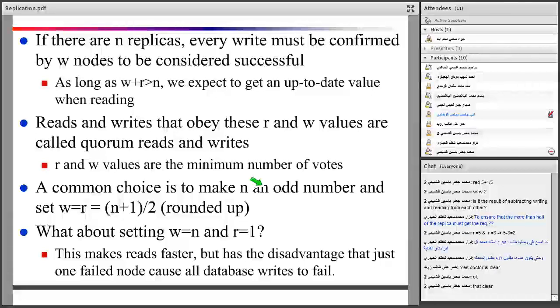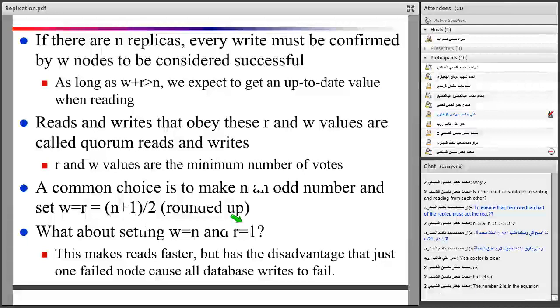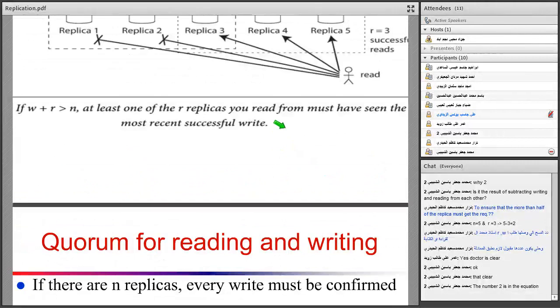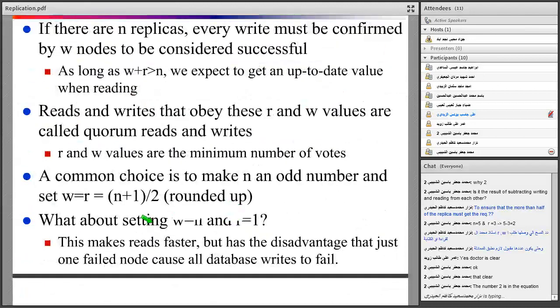Another question. How about setting W equal n and r equal 1? We know by using this value this equation is right, and again, please check and please consider this question.